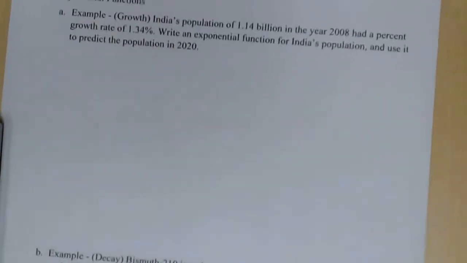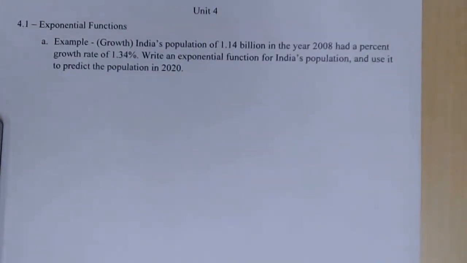So the first one says, example, India's population of 1.14 billion in the year 2008 had a percent growth rate of 1.34%. Write an exponential function for India's population and use it to predict the population in 2020. So we need to create an equation and then use our equation.